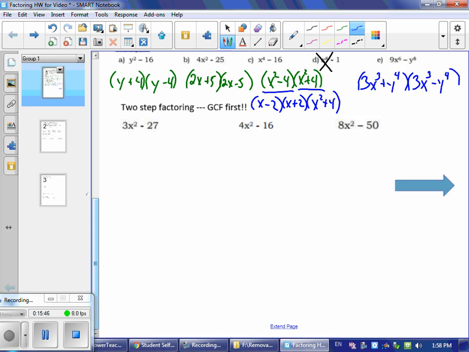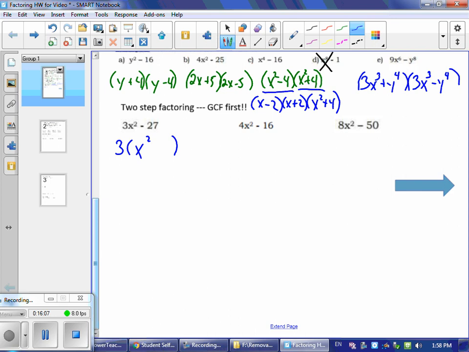In the first one, 3x squared minus 27. You should notice that 3 goes into both terms. So if I factor the 3 out, I'll still have a binomial left over. 3 times what will give us 3x squared? Well, that would be x squared. Remember, we're reversing the distribution process when we factor out a greatest common factor.